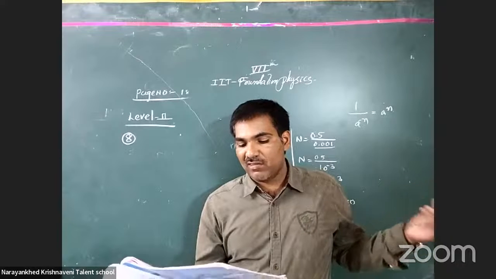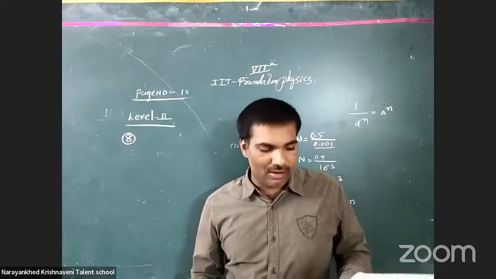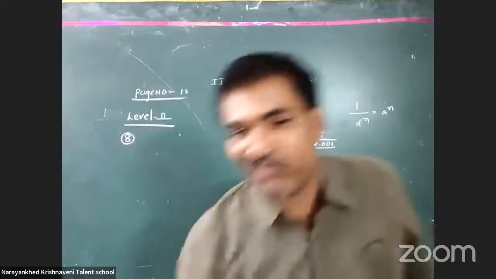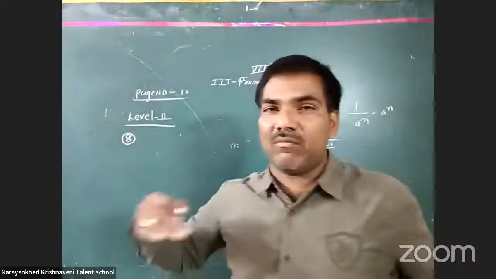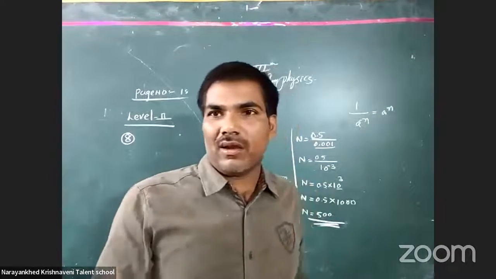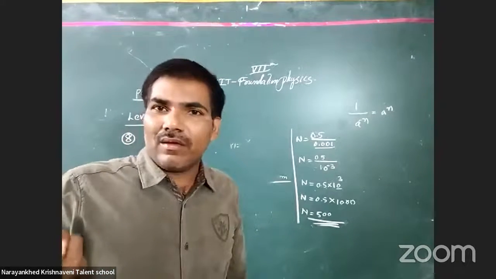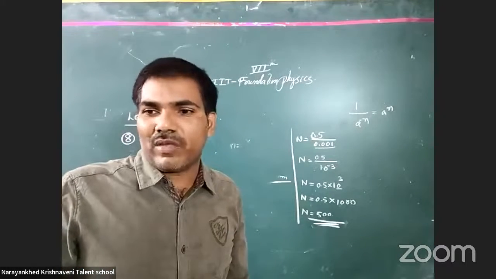A screw gauge least count is 0.001 mm. Okay, clear or not all the students? Simply, whichever has the less least count, that becomes the more accurate measurement instrument. Clear or not?